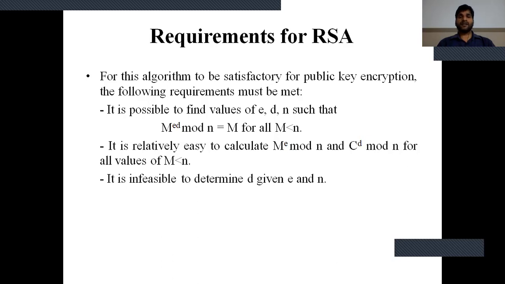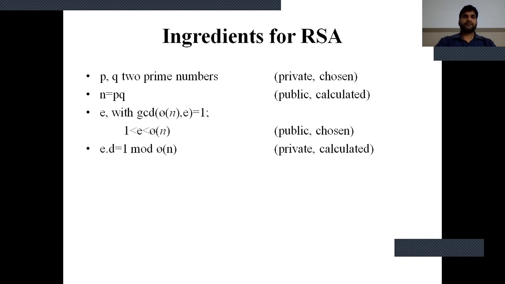It is relatively easy to calculate M to the power E mod n and C to the power D mod n for all values of M less than n. It is infeasible to determine D given E and n. So the ingredients of the RSA algorithm are as follows: p and q are two prime numbers, p is not equal to q, privately chosen.